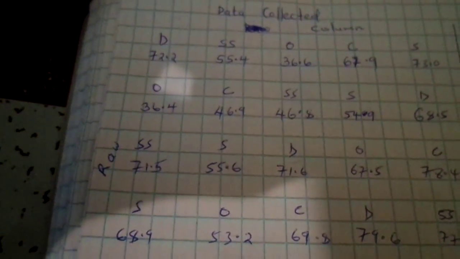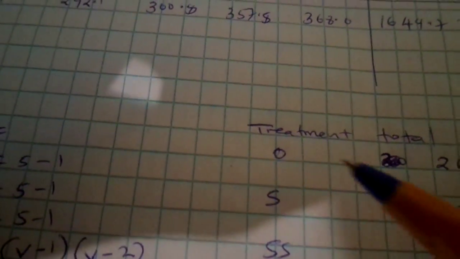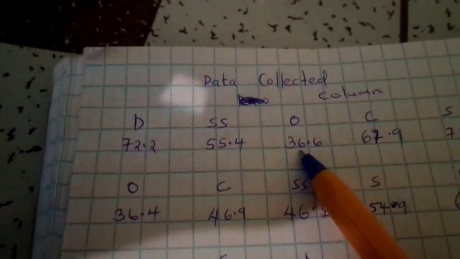Next step, you move to find the treatment totals. Here you classify the data into similar observations. We have observation O, S, D, C. So you find the total of this O treatment. This is how we go about it. In the first row, we have O, that is 6.6.